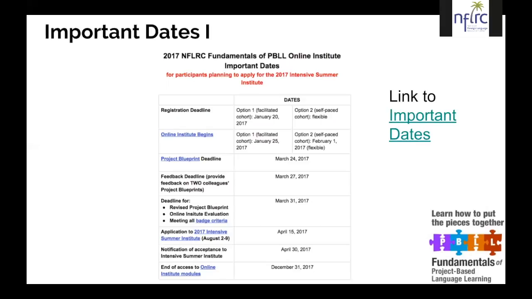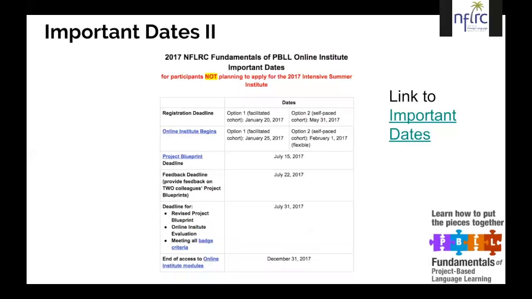Okay, and like I think Steven mentioned earlier, the online module will be open even after the online institutes. It will be available till the end of the year, December 31st. So if you are applying for Summer Institute, those are the due dates you should pay attention to. But if you are not applying for Summer Institute, you have different due dates. For your project blueprint, the deadline will be July 15.